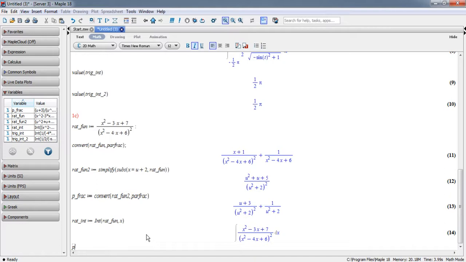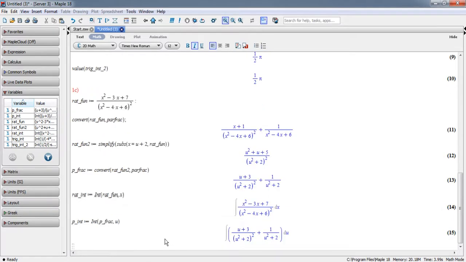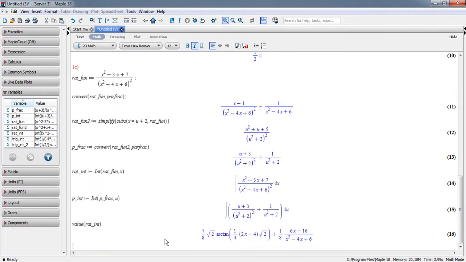And this will take a few different steps because of my u substitution that I'm making, so let's go slowly. I'm going to take p int. This is what happens when I integrate my partial fraction decomposition with respect to u. Okay. And let's get the value of the rational integral first. And there it is in all its hideous glory, the answer to number 37.